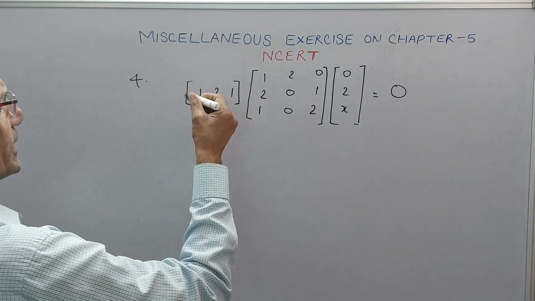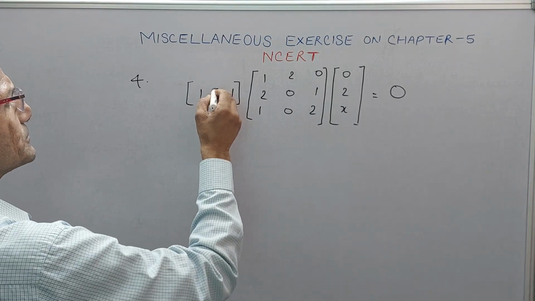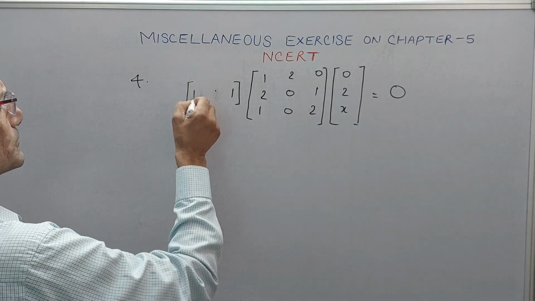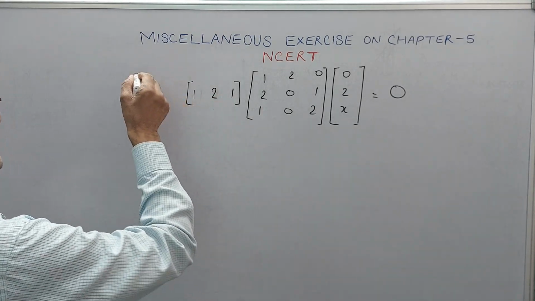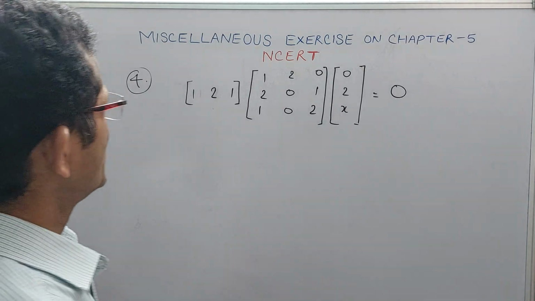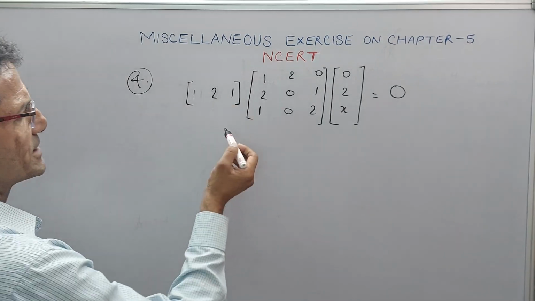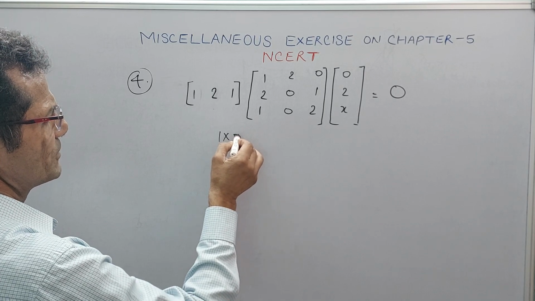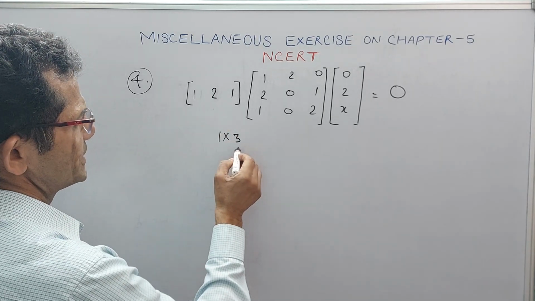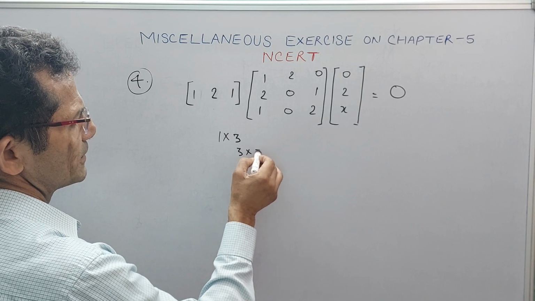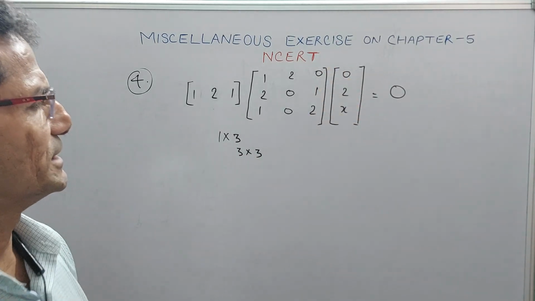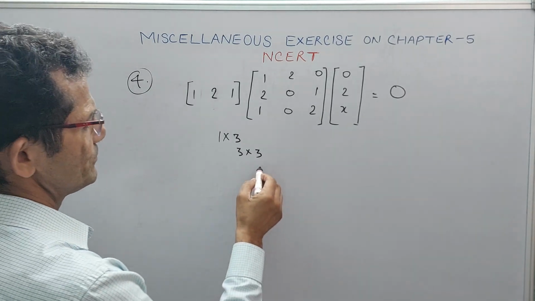Look at question number 4. Now here the order of the first matrix is 1 row, 3 columns. The second matrix is 3 cross 3, and the third matrix has the order 3 rows, 1 column.